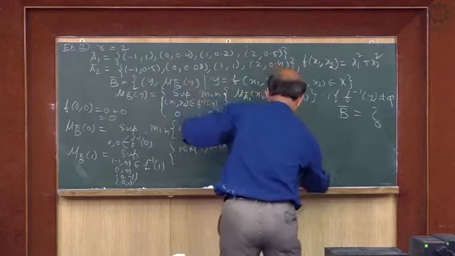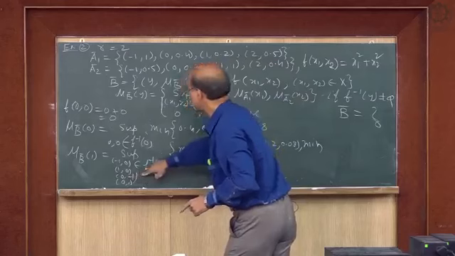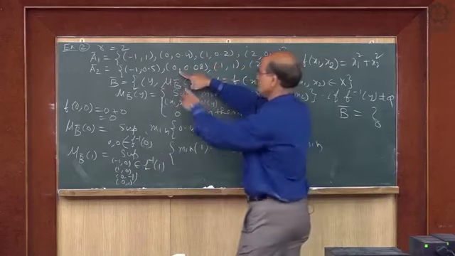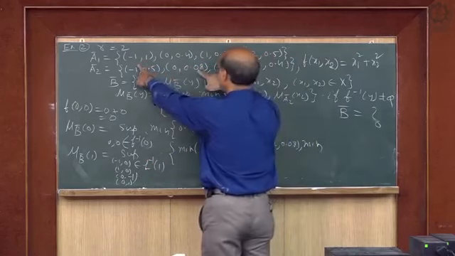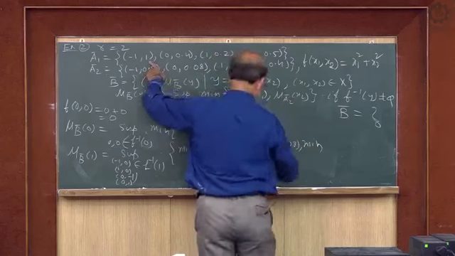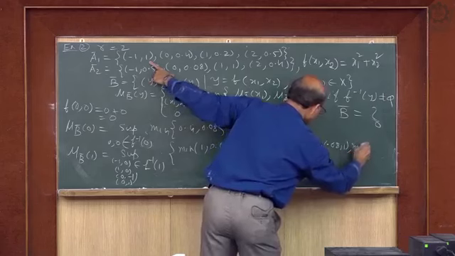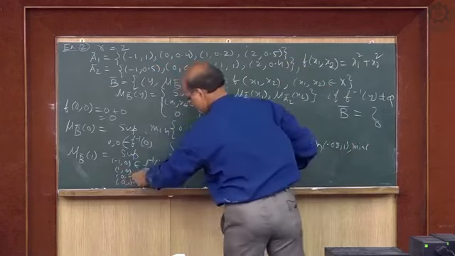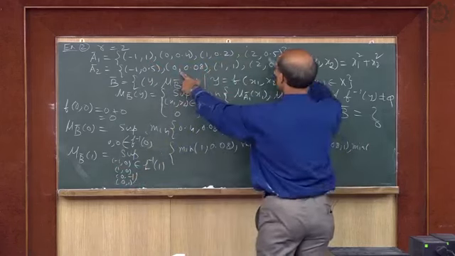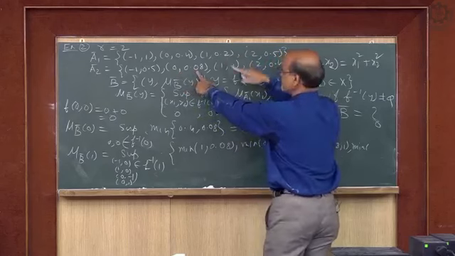Then 0 minus 1: 0.08 and 1. Last is minimum of 0 and 1: 0.08 and 0.2.